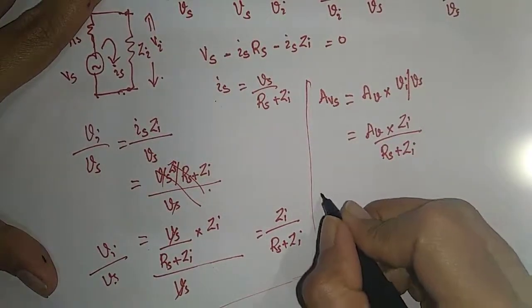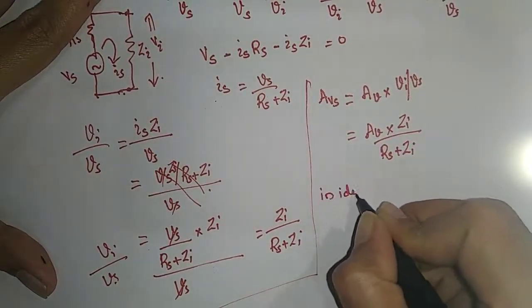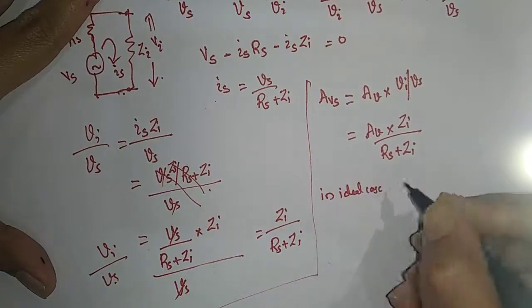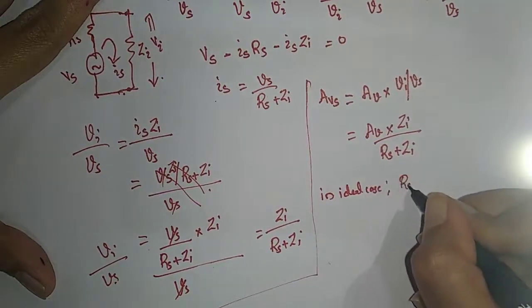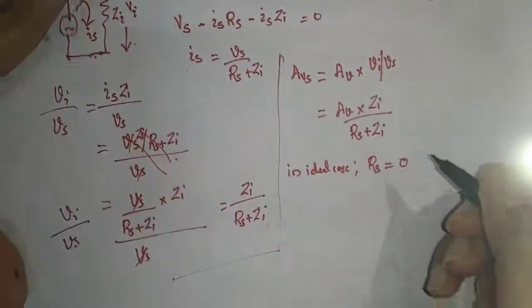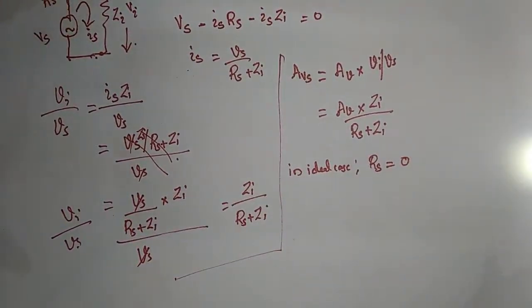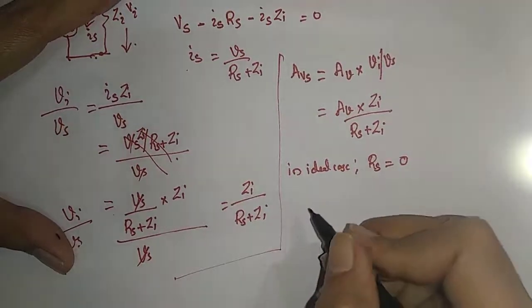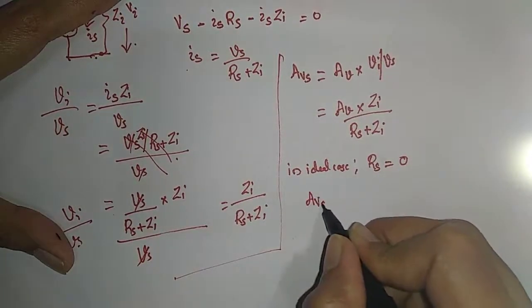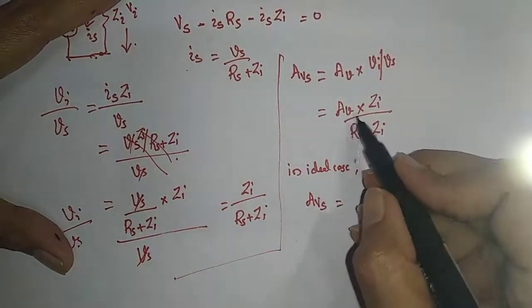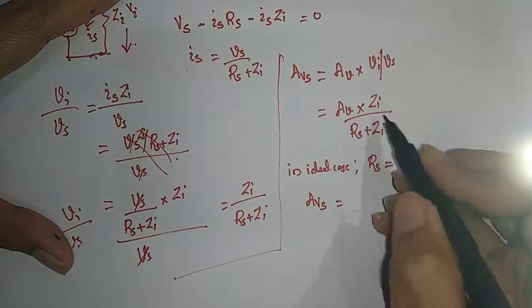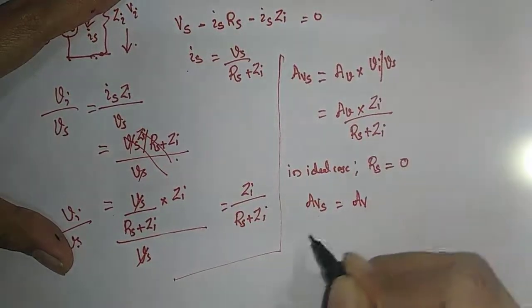Or in other words, in the ideal case, the source resistance Rs value will be equal to 0. If we assume the source resistance is zero, in the ideal case we can say AVS is equal to AV into Zi by Zi, cancel, AV is equal to AV.